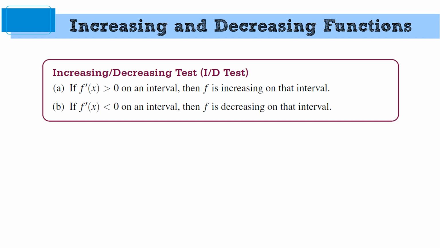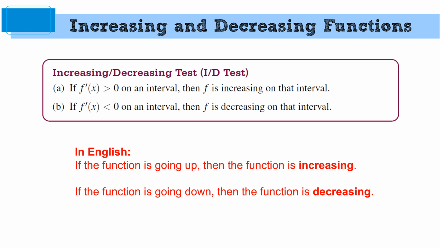Well, what does that mean? If the slope of the tangent line is positive, it's going to be going uphill. If the slope of the tangent line is negative, it's going to be going downhill, so known as decreasing. But again, we did this already, so we're good to go here. We just give it fancy terms, increasing and decreasing.